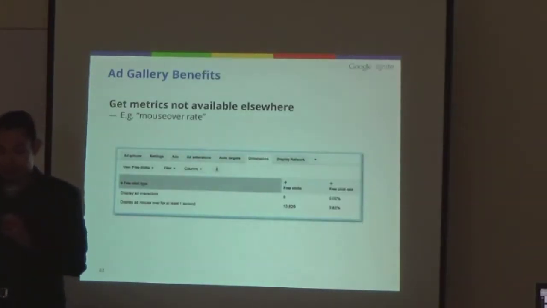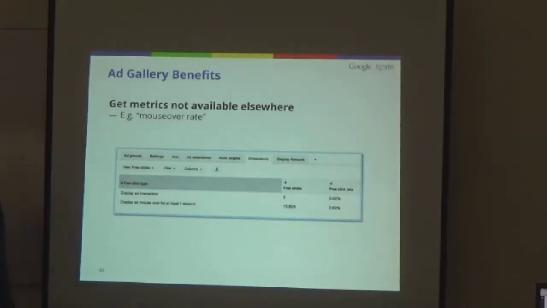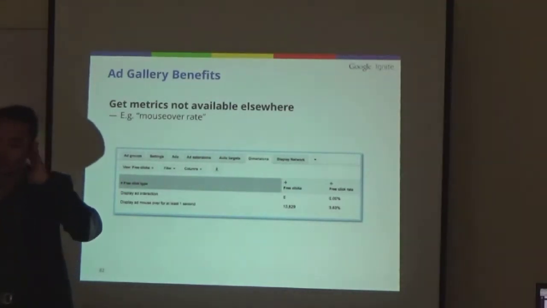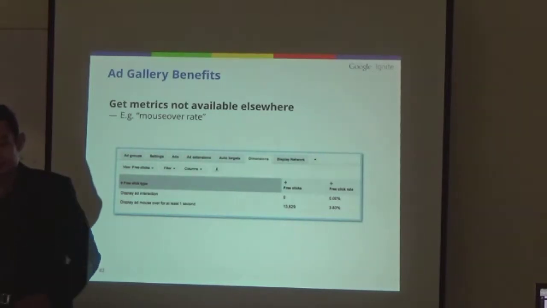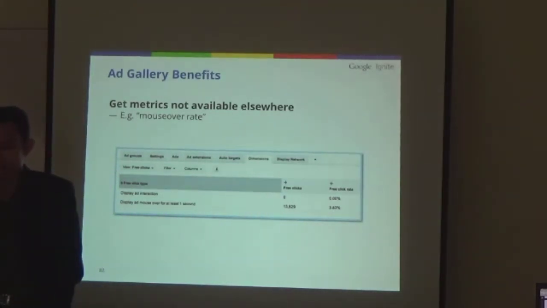Right, a couple of things I want to emphasize again. Ad Gallery, there are apparently a lot of questions on Ad Gallery in the display exam, if I can recall, yeah? Now, one of the benefits of the Ad Gallery is this. There are a couple of metrics that you will not be able to get if you use third-party creative designers.